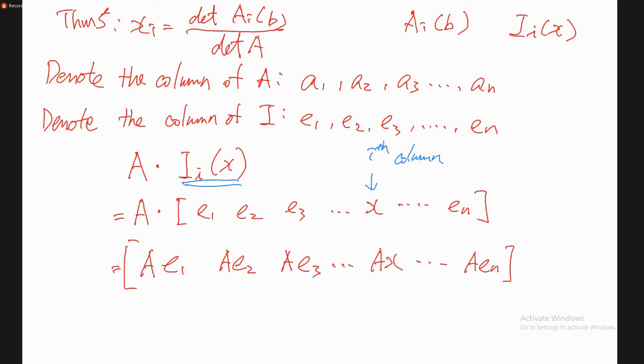Now I would like to show you one thing. What is meant by A times E1? Imagine that A is the original matrix A, right? E1 is the first column of the identity matrix, right?